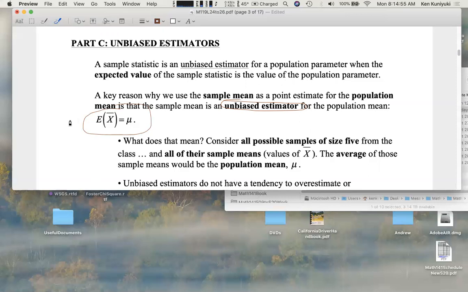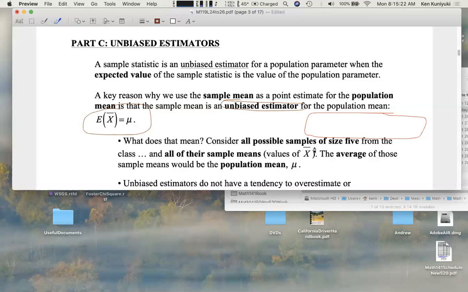So in short, although you need to understand the theory behind this, E of x bar equals mu. The expected value of x bar as a random variable is mu, the population mean. Now, what does that mean? What does this signify? Well, consider a class. Let's say here's a big lecture hall of 1,000 students.